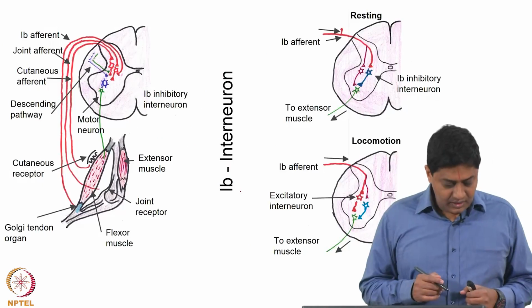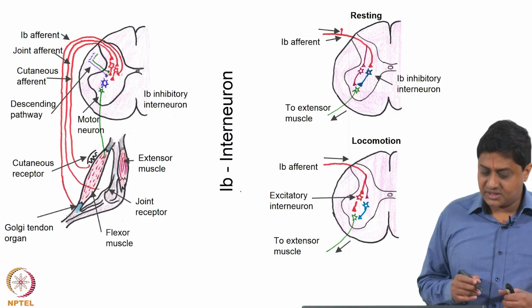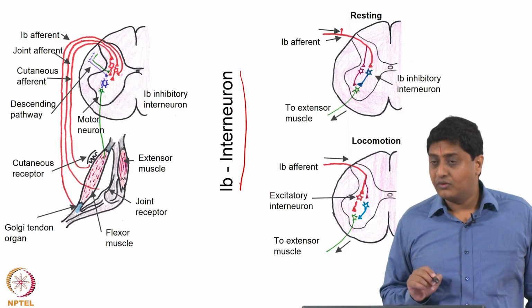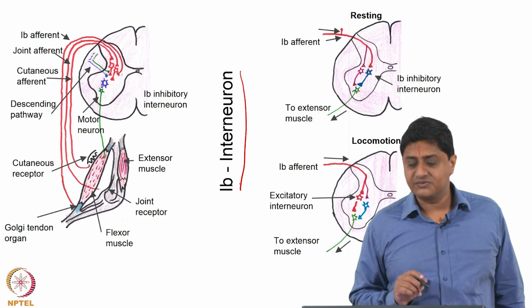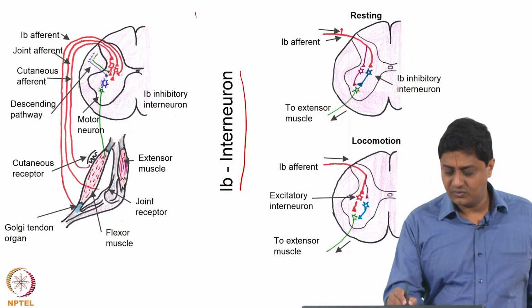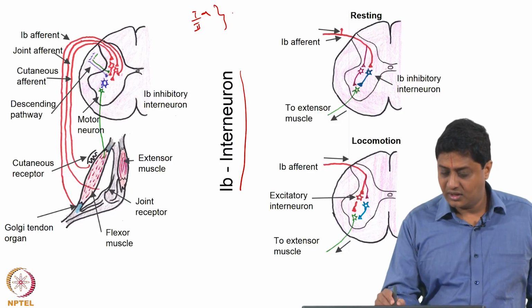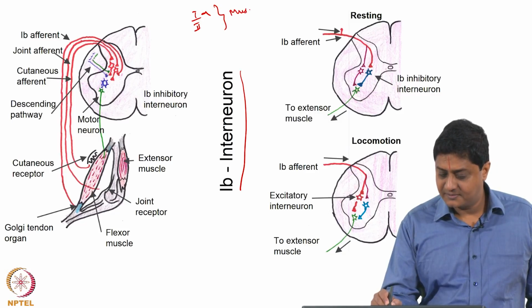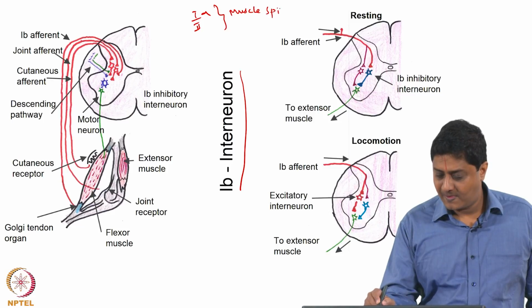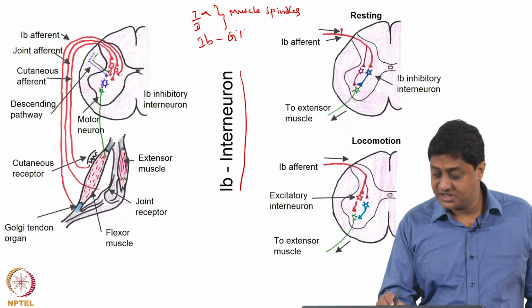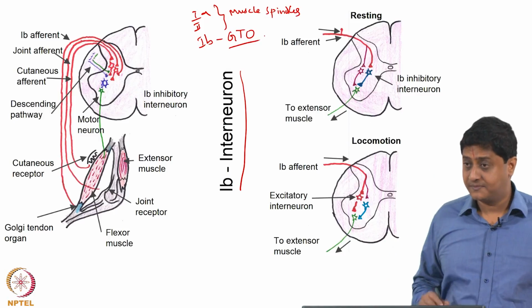Okay. And what is not discussed is the case of the 1B interneuron. Let us remind ourselves what these are. 1A and 2 are from muscle spindles, and 1B is coming from Golgi tendon organs.